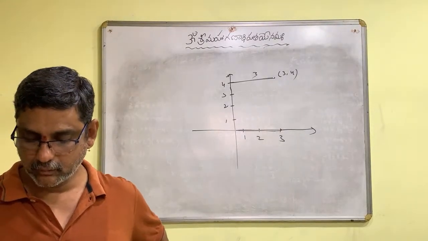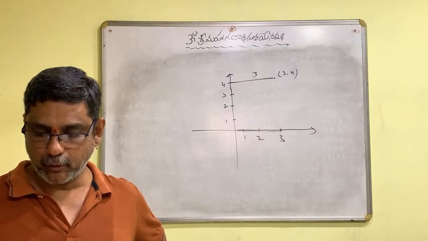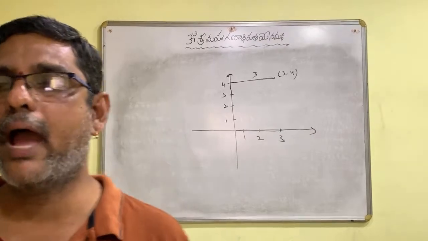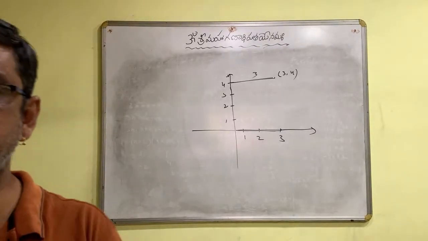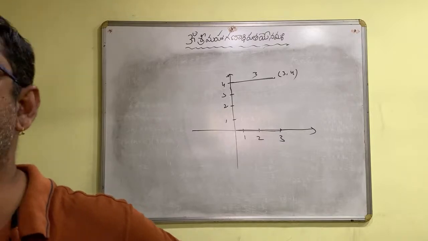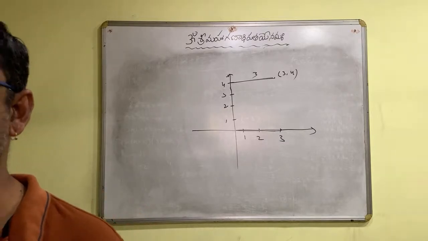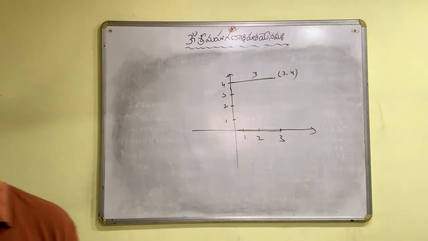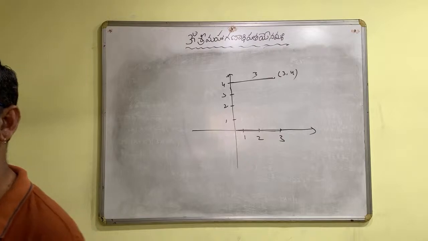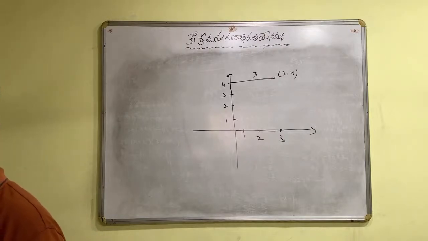Now, abscissa of any point is positive in which quadrants?